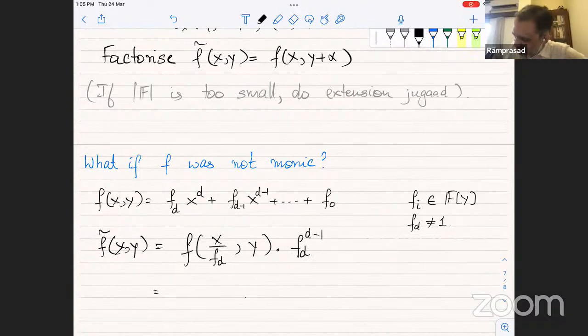And if you notice, this should basically become x power d plus fd minus 1 times x power d minus 1 plus fd minus 2 times fd times x power d minus 2, etc., etc.